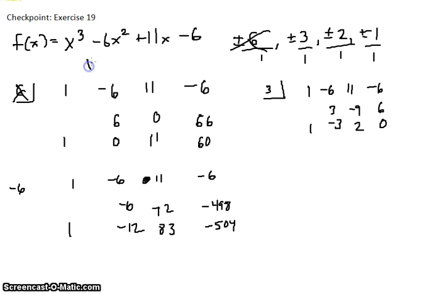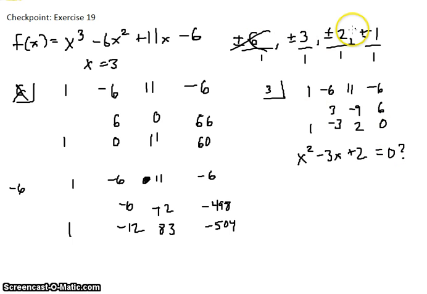The first 0 is at 3. And the nice thing is that now that I found that 0 of 3, I have my first 0 here. And the nice thing about this is that I can now take this polynomial, which is x squared minus 3x plus 2, and try to find the zeros for that and see where does this equal 0.